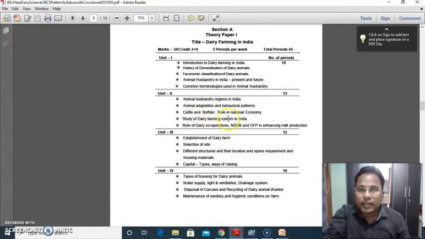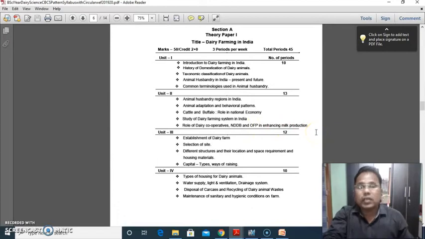Then the role of cattle and buffalo in the national economy, how cattle and buffalo play a very important role in the national economy. Then the study of farming systems in India, the various farming systems, mixed farming, specialized farming. We will study this part. Then the role of national dairy cooperatives, NDDB, meaning National Dairy Development Board, and the Operation Flood Program in enhancing milk production.